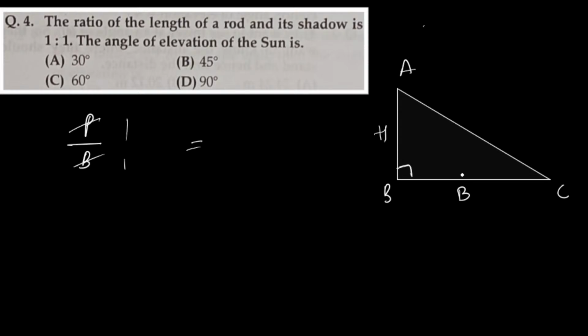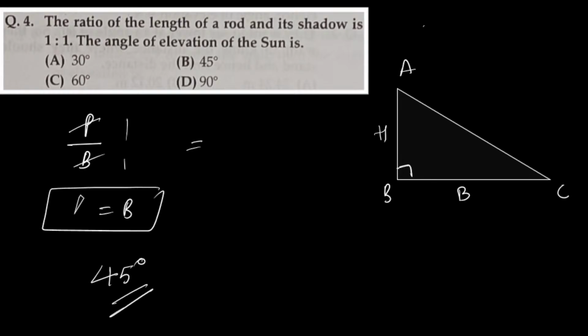Then only we get the ratio as 1:1. If perpendicular and base are the same, you have to remember the angle is equal to 45 degrees. The ratio will be 1:1 only if they are equal. So the angle is equal to 45 degrees.